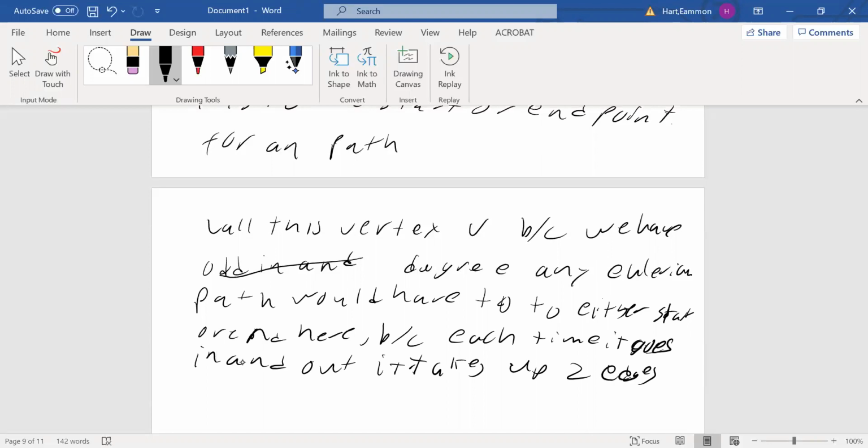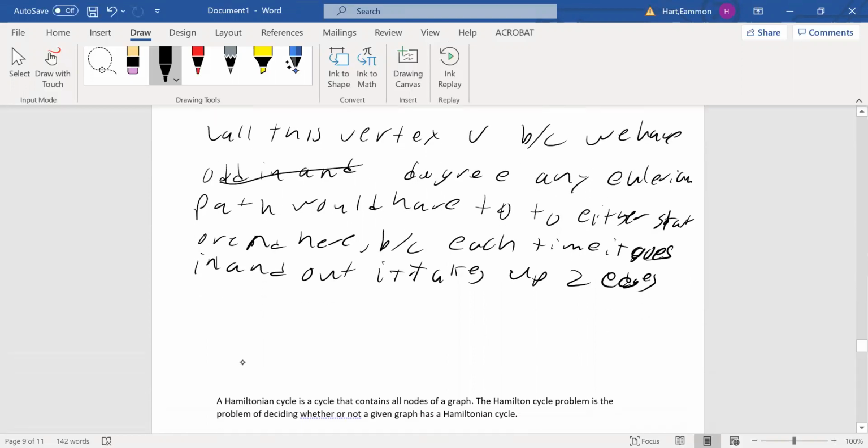It consumes 1 going in, it consumes 1 going out, except for on the start or the end one, because that has only in or out. So V must exist at the start or end. But we assumed it wasn't and got our contradiction.